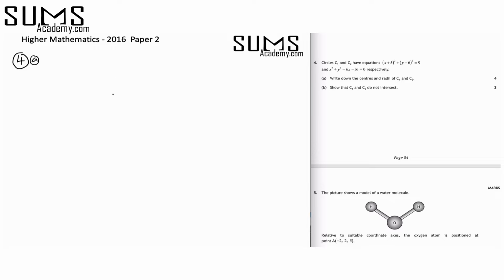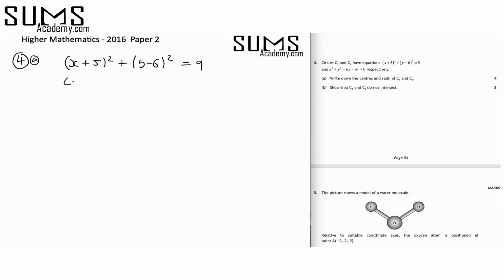So C1 is actually quite straightforward. We'll write out, we have (x + 5)² + (y − 6)² = 9. Just by looking at this we should be able to figure it out.